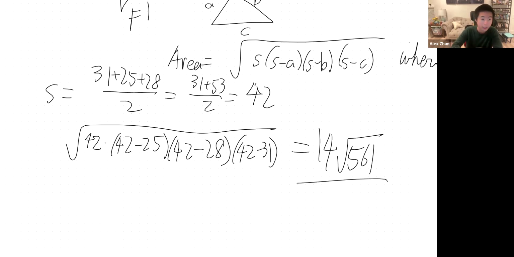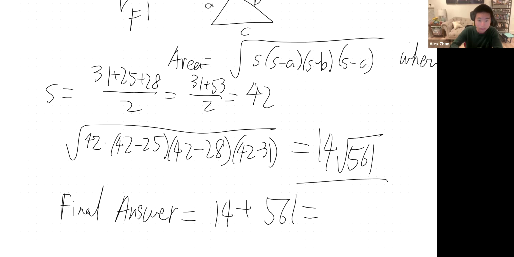So thus our final answer is equal to 14 plus 561 equals 575. Yes. Okay, so this is how we do number 5. Does anyone have any questions about this?